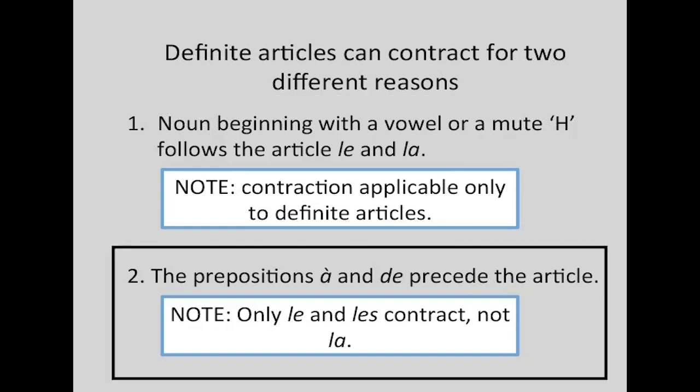This contraction, however, is applicable only to definite articles. The second case occurs when the preposition à or de precedes the article. In such cases, only the articles le and les contract, but not la.